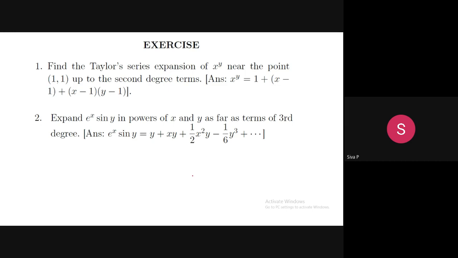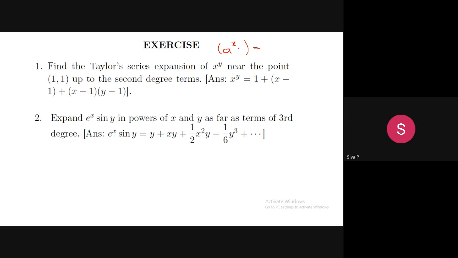You know here x power y is there. What is the differentiation of a power x? In case you differentiate x power y with respect to y, x is constant.